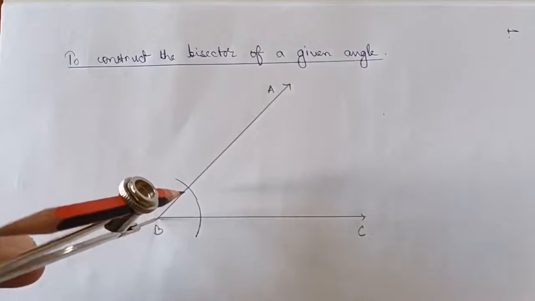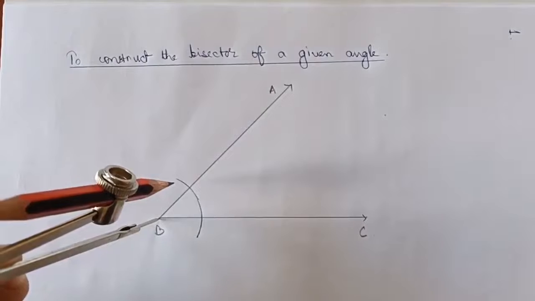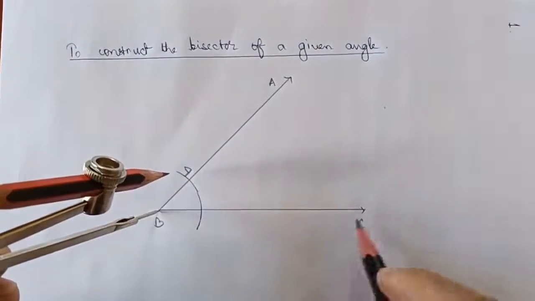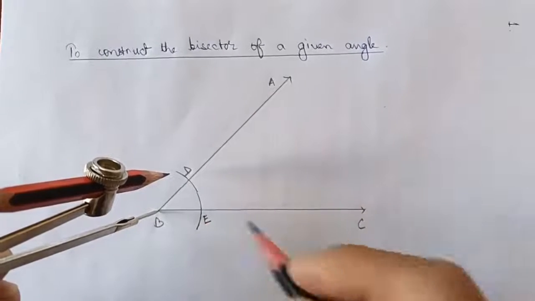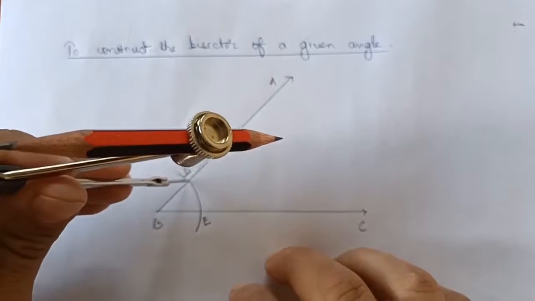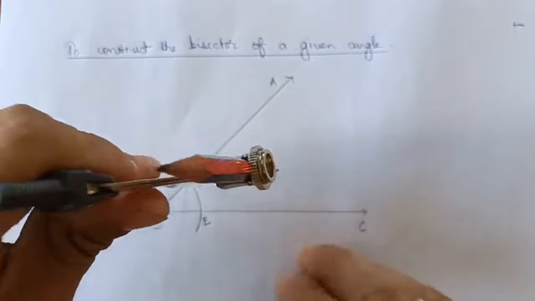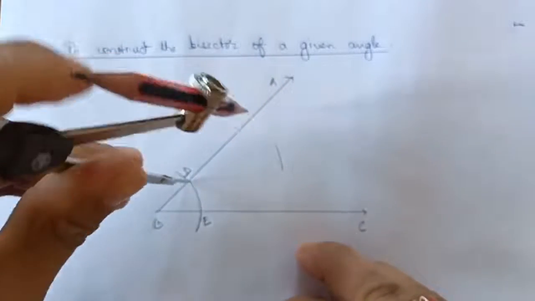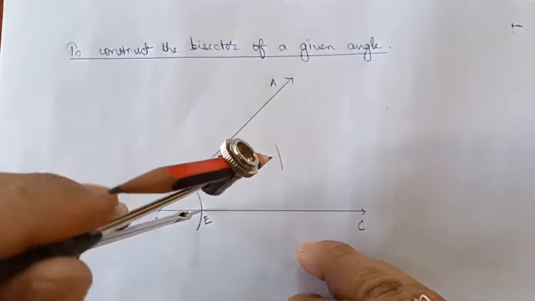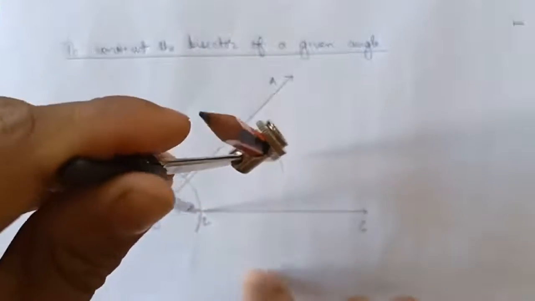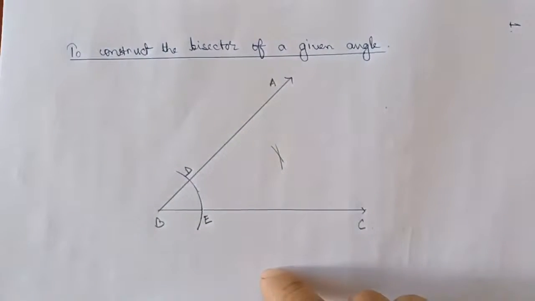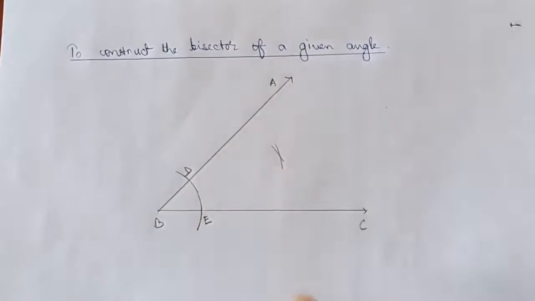This arc will intersect the side AB at D and the side BC at E. Now with center D and suitable radius, we are going to draw an arc like this, and with the same radius and center E, we are going to draw another arc like this to intersect the previous arc.